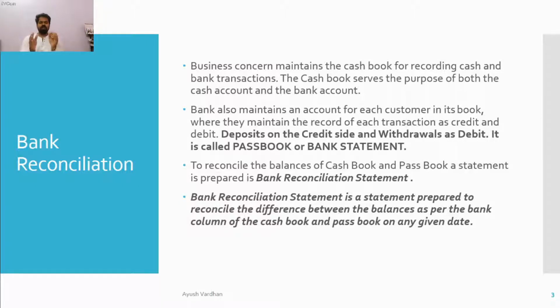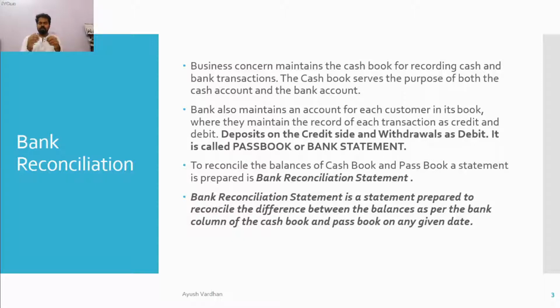To reconcile the differences. Which kind of differences? Differences between the balances. Which balances? Balances as per the column of the cash book and passbook. So what entries we have made in the cash book, and the same entries for the same time period in the passbook.